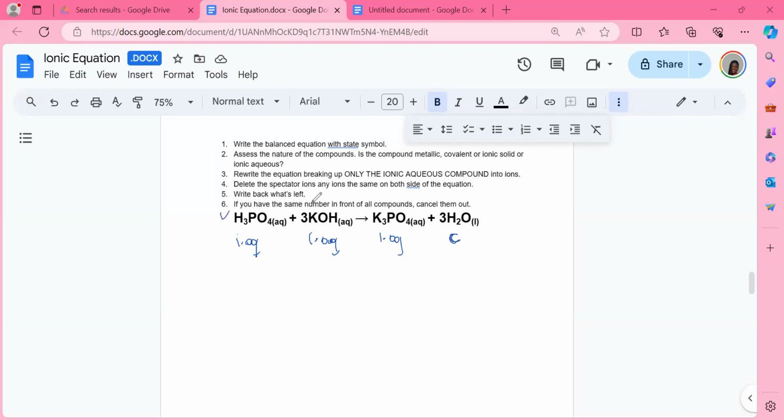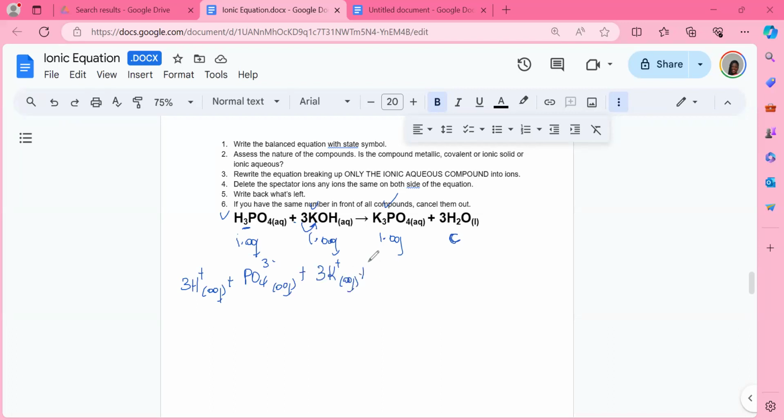I'm going to break up all the ionic aqueous components into ions. So H3PO4 has 3 hydrogen ions, so the 3 goes in front. The phosphate ion is PO4 3 minus aqueous. This 3 here means I have 3 times the 1 potassium. The 3 goes in front.